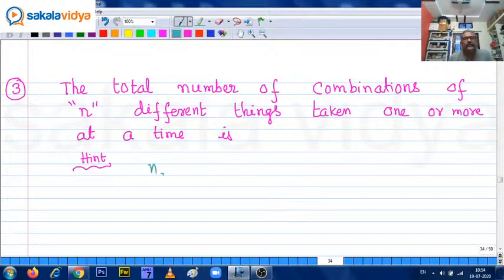That can be done as NC1 plus NC2 and so on up to NCN. So that is equal to 2 raised to n minus NC0. This is 2 raised to n minus 1.